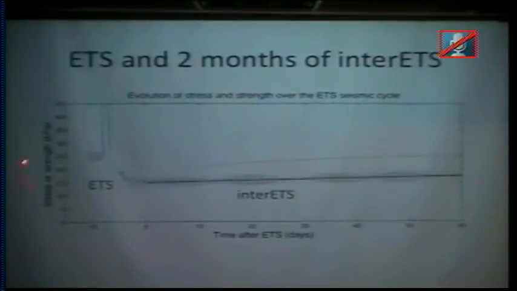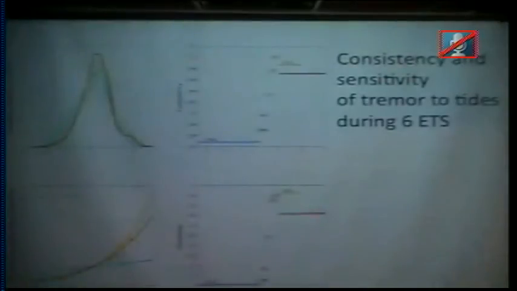But this is the same image with an example of actual tidal stresses on it, and you see how variable they are with time because of the interaction of 5 different tidal components with 5 different frequencies. And we see that here toward the end, the tide is getting close to being able to push the stress above the strength. Okay, so this is zooming into 2 months and seeing how the ETS period stress versus strength might compare with the inter-ETS period stress versus strength, just for illustration.